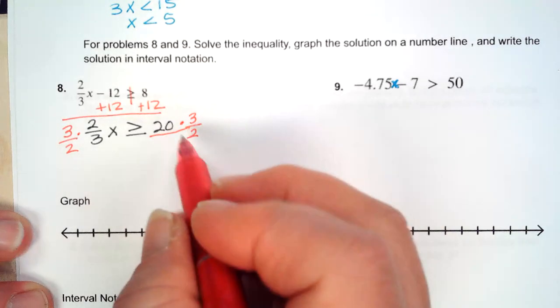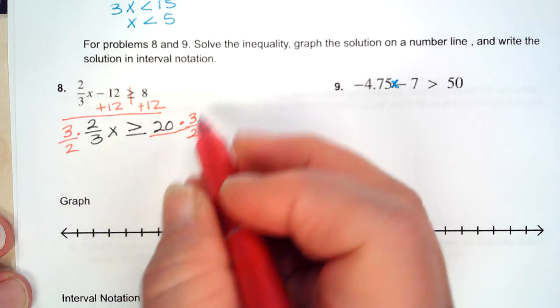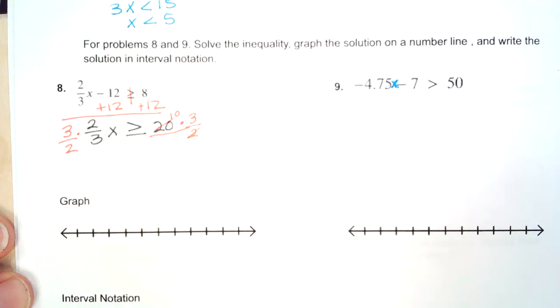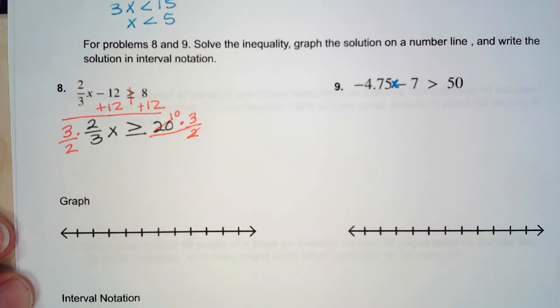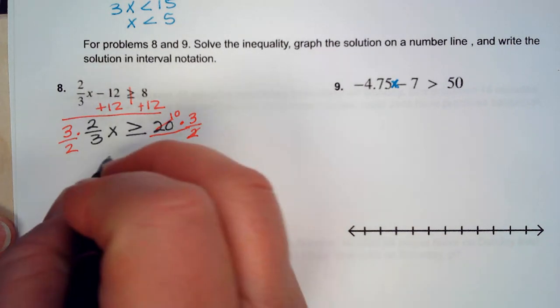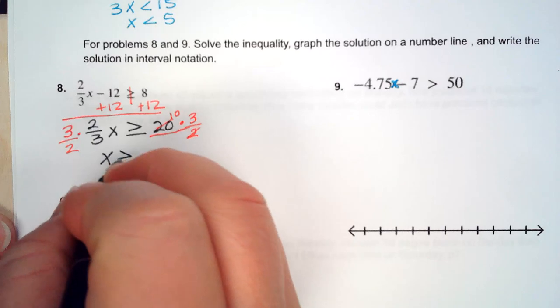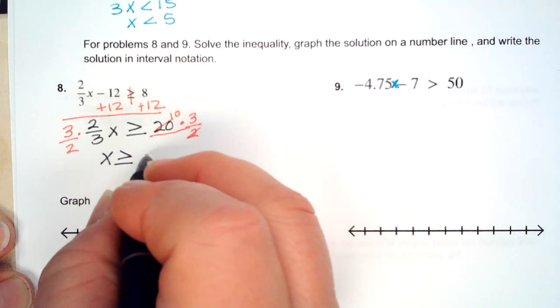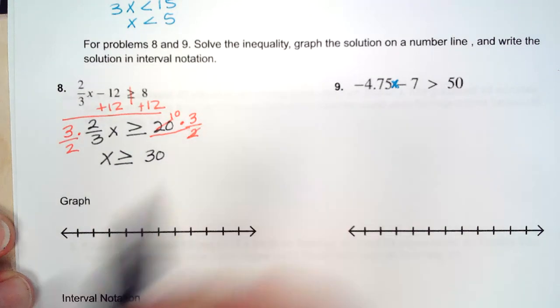Now, 20 divided by 2 is 10. So I know that x is greater than or equal to 10 times 3, which is 30.